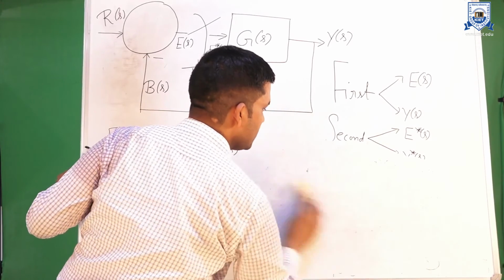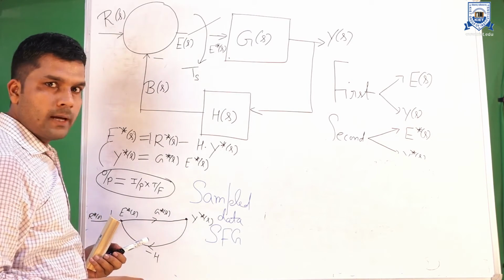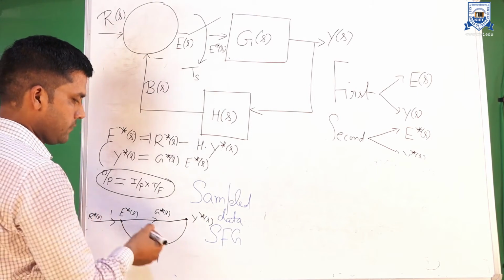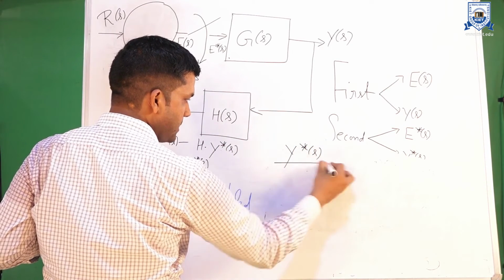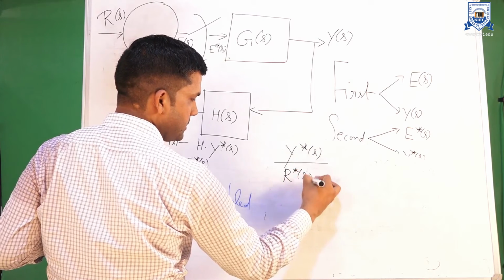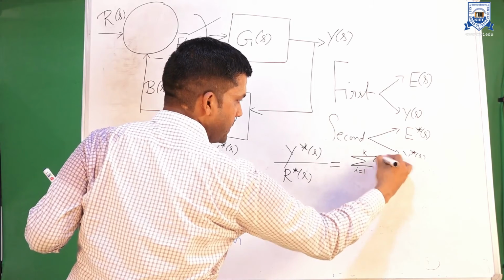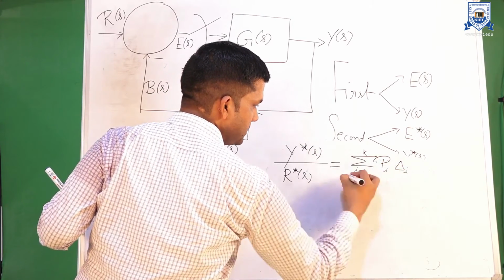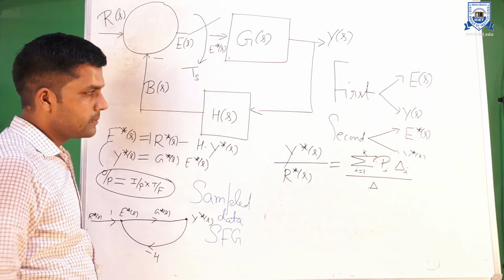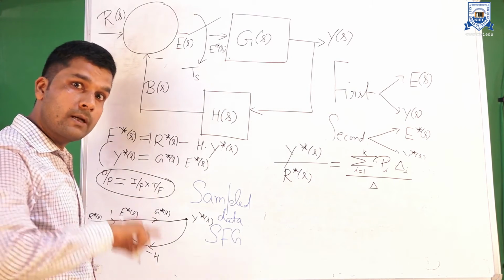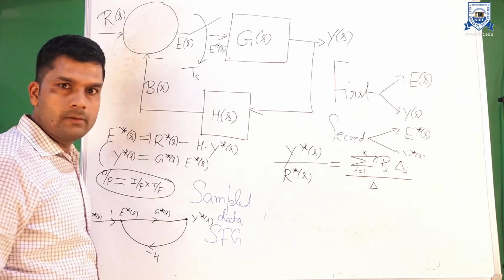It is applicable for both analog and digital control systems. For the digital control system, Y star(s) upon R star(s) is equal to the sum from i equals 1 to k of Pi delta i upon delta, where P is the forward path, delta i is the part non-touching the corresponding forward path, and delta is determined from the non-touching loops.